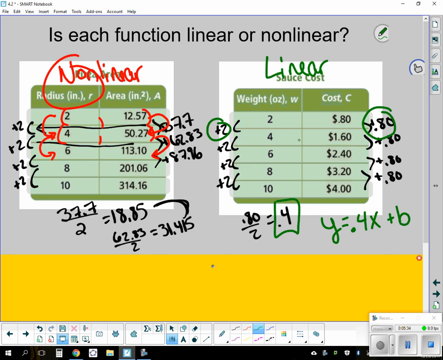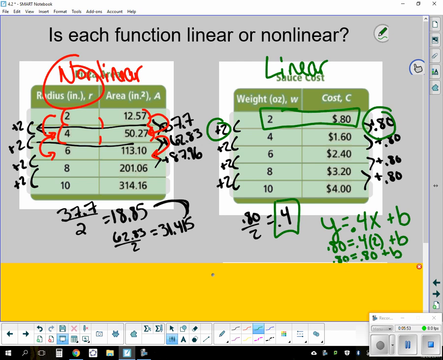The way you do that is you just pick one of these x and y values and plug it in and check it. So here I would have 0.80 equals 0.4 times 2 plus b. This is 0.80 equals 0.80 plus b.